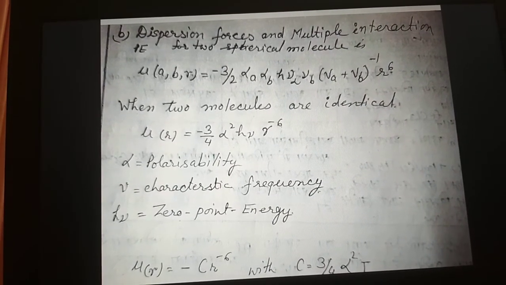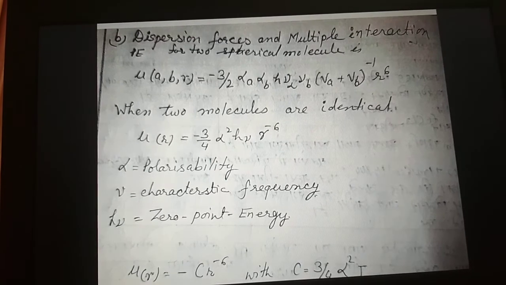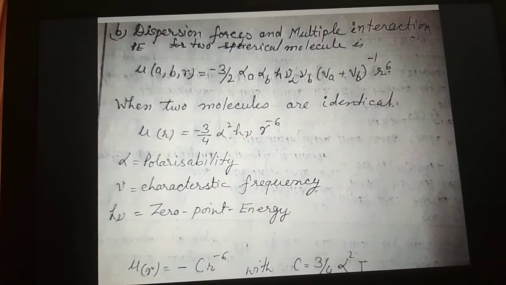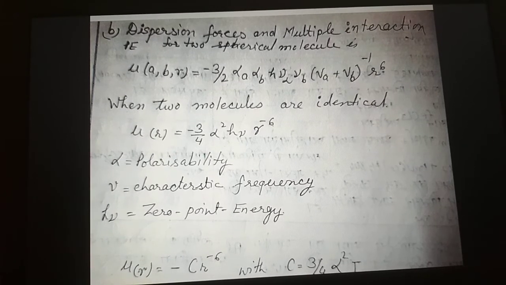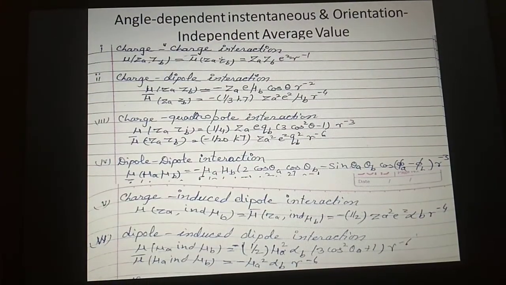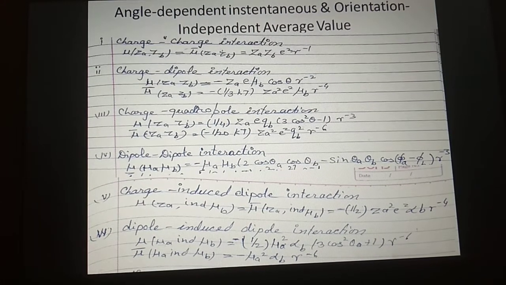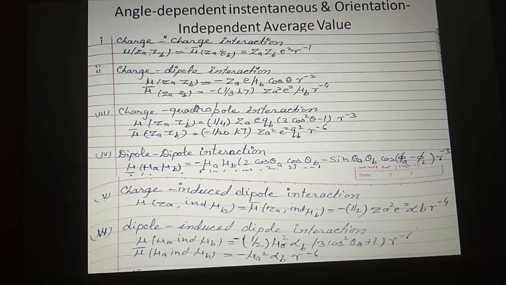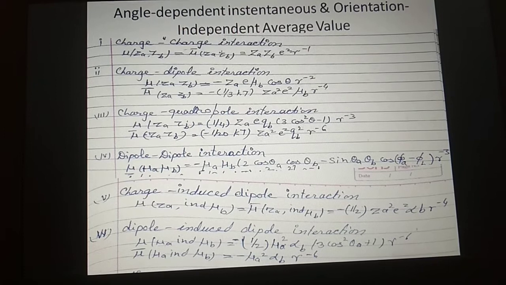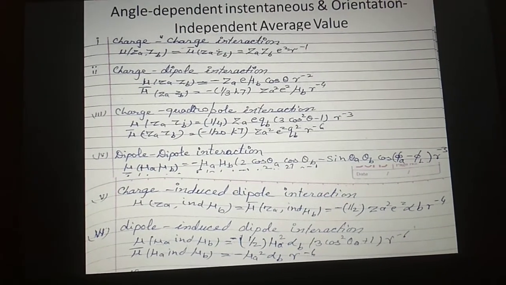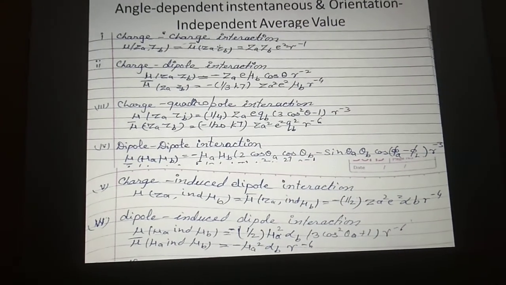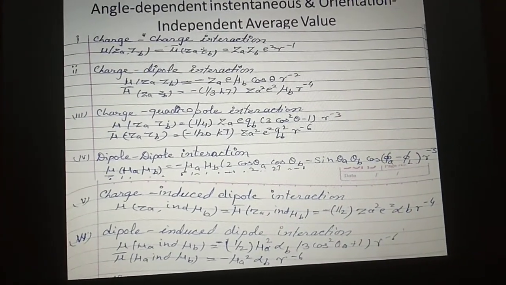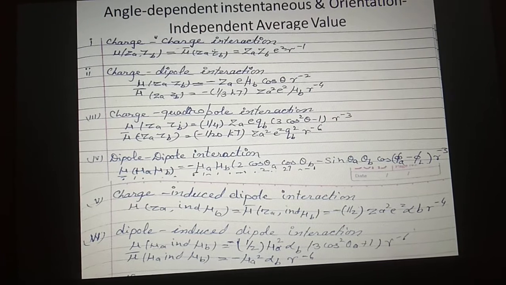The interaction energies for the more important of these multipole interactions, both the angle-dependent instantaneous values and the orientation-independent average values for six types of interaction, are given in this slide.